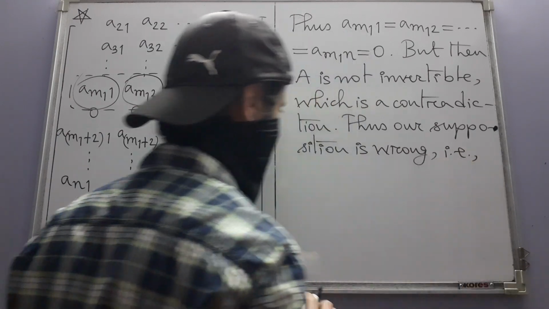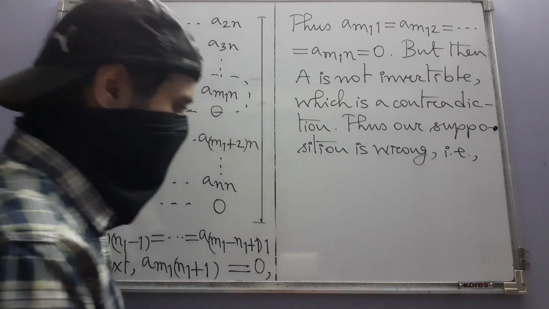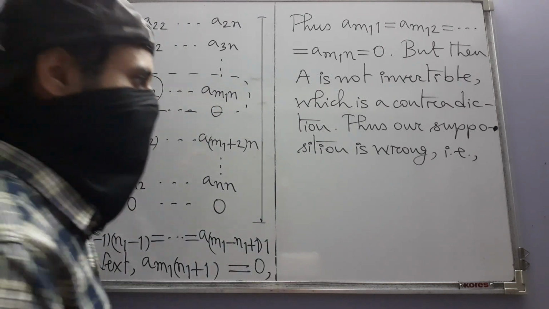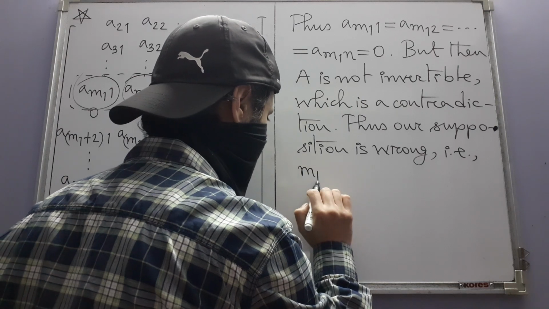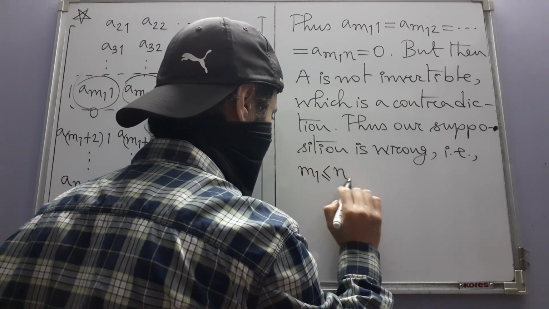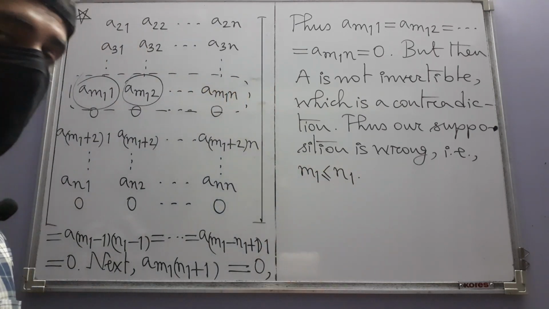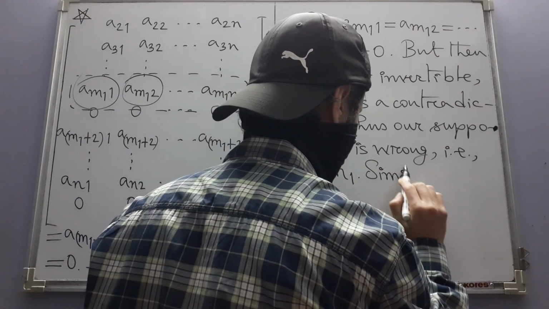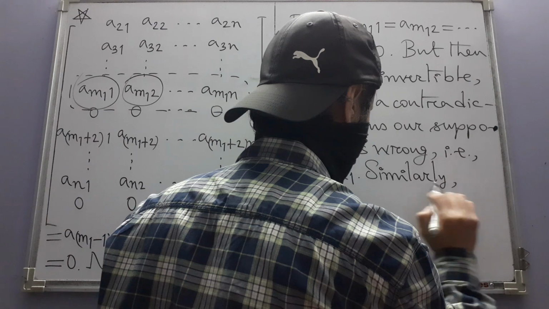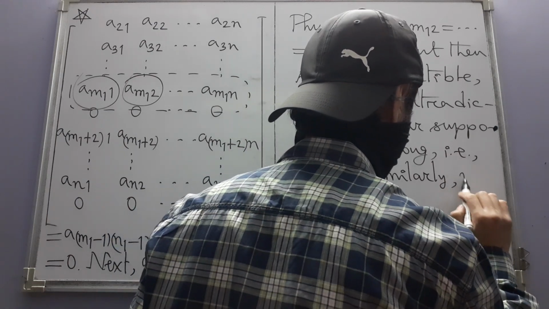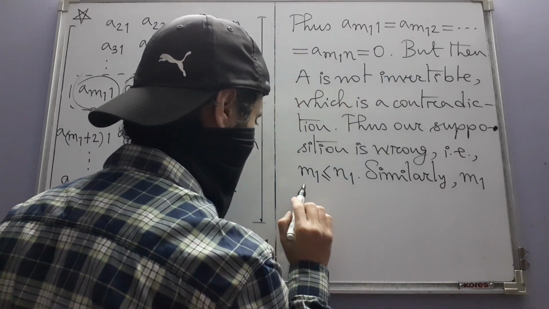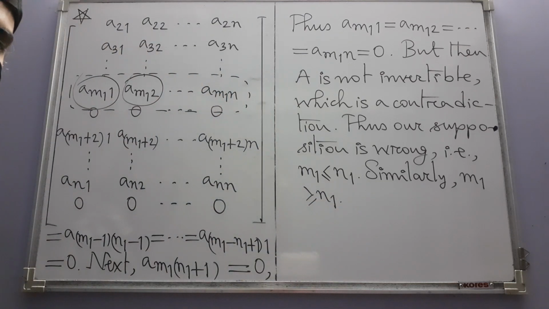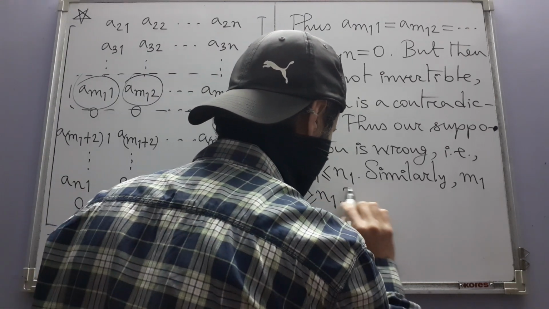So what was our supposition? That m1 is greater than n1, which is wrong. That means m1 should be less than or equal to n1. Similarly, one can prove that m1 simultaneously is also greater than or equal to n1. Thus, they are equal.